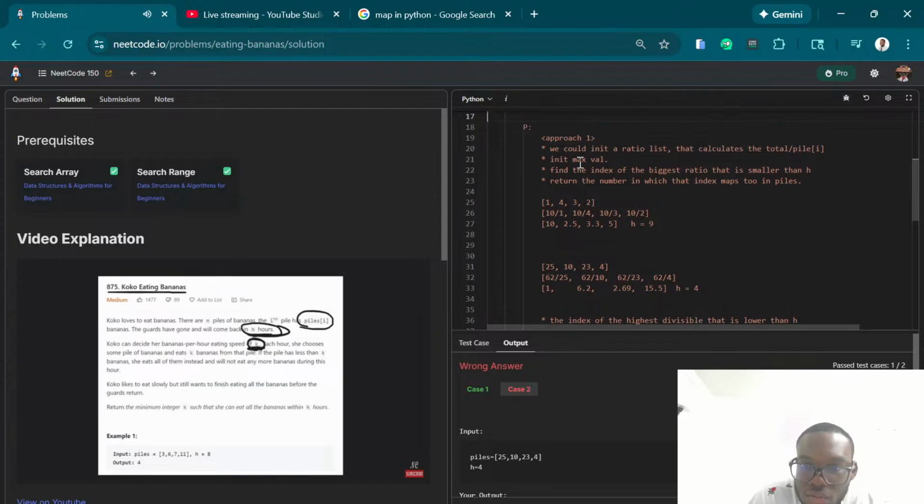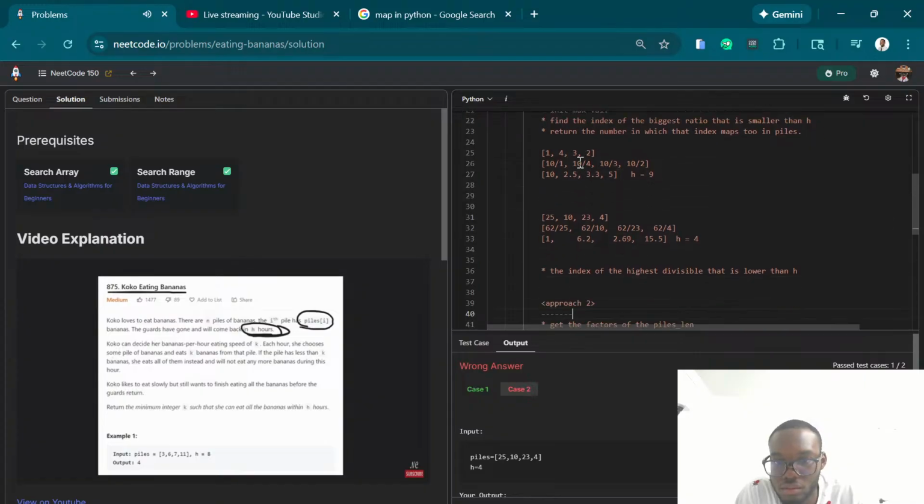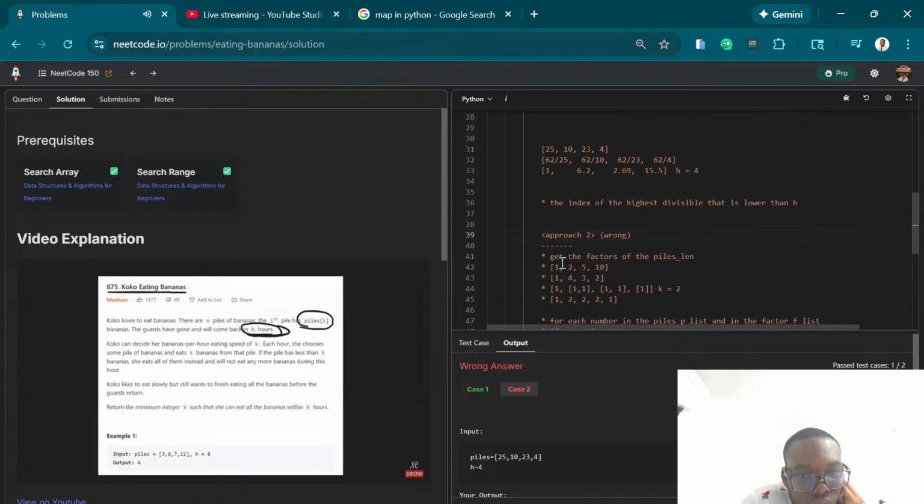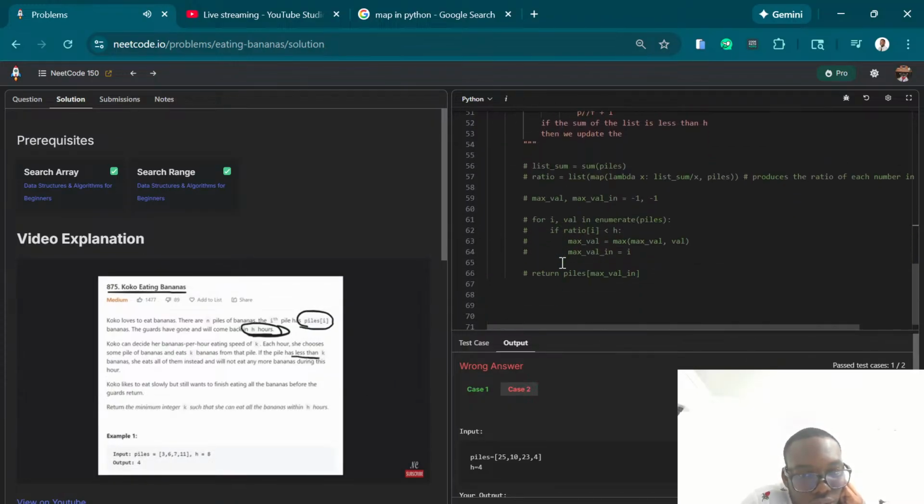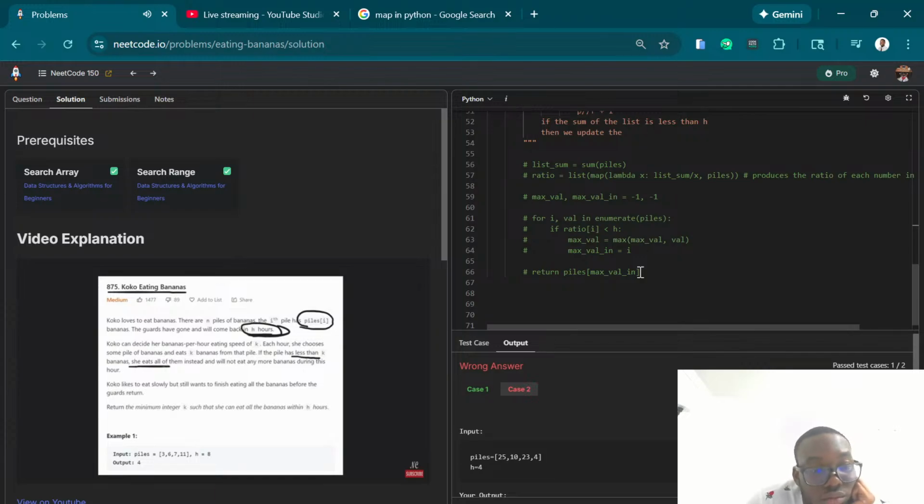That's what we're trying to determine as the solution for this problem. Each hour, she can only choose one pile of bananas and eat k bananas from that pile. So that's what we're trying to determine, that k value. If the pile has less than k bananas, she'll eat all of the bananas, but she's not going to eat any extra bananas from a different pile.